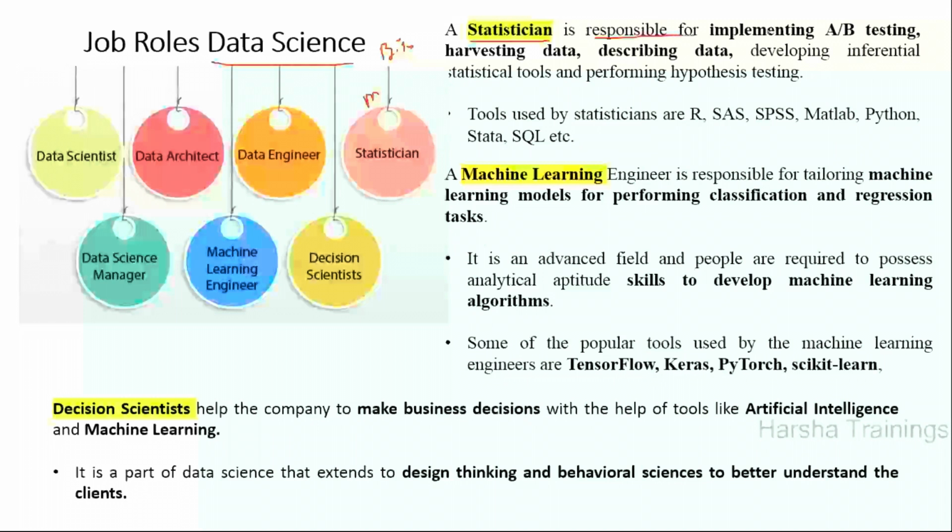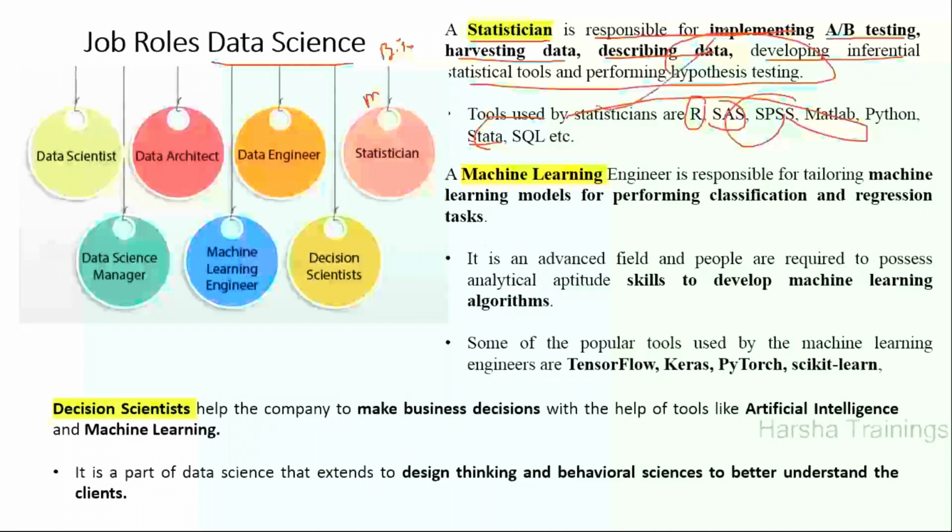They are responsible for implementing alpha beta testing, harvesting and describing the data, and developing inferential statistical tools for hypothesis testing. They will use technologies such as R, SAS, SPSS, MATLAB, Python. Stata is another library where we can use statistics. We will use these packages in the coming programming.